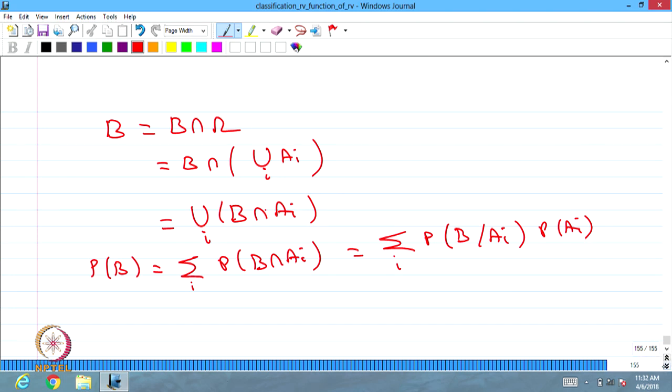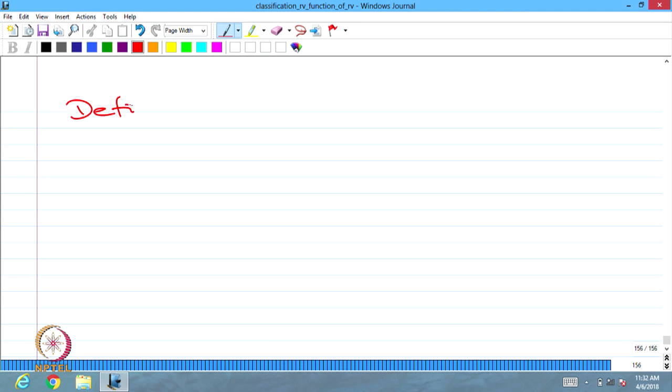Using this total probability rule, we are going to define the next rule, that is called the Bayes rule, as the next definition.